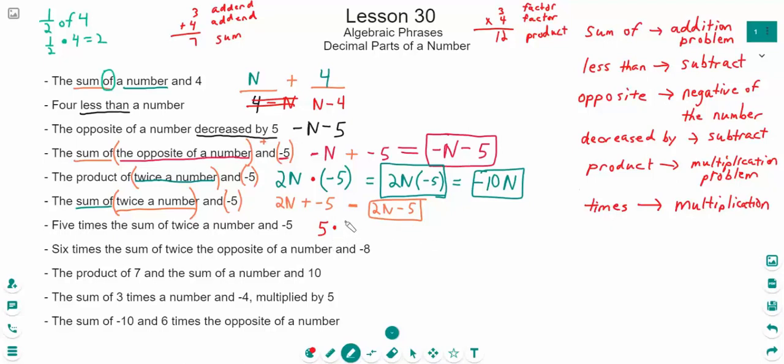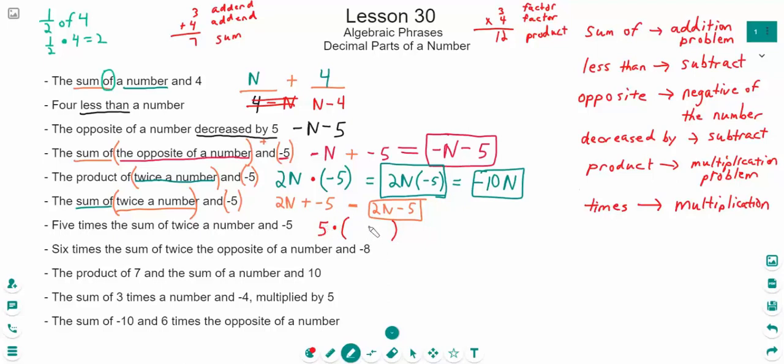So if it's multiplied by an addition problem, I'm actually going to put that addition problem in parentheses because this 5 is being multiplied by that whole addition problem. It's not just multiplied by the first addend. It's being multiplied by that whole addition problem. So we're going to include that in parentheses to show that this whole addition problem stays together and that whole thing is being multiplied by the 5.